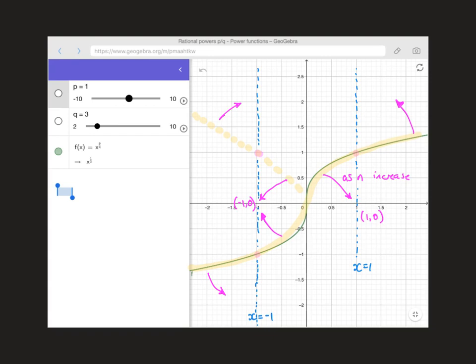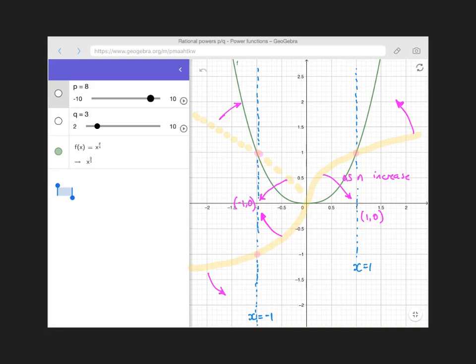So that's 1/3, 2/3, 3/3. See it moving towards the line x equals 1. 4/3, again moving towards the line x equals 1 at the top. 5/3, 6/3, 7/3, 8/3. Can you see the shape shifting?